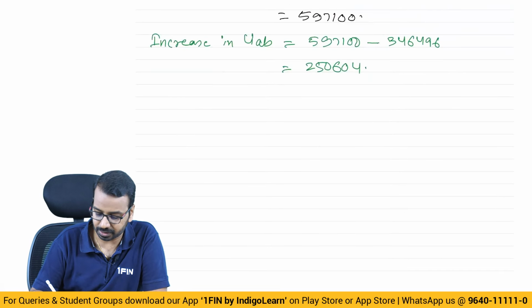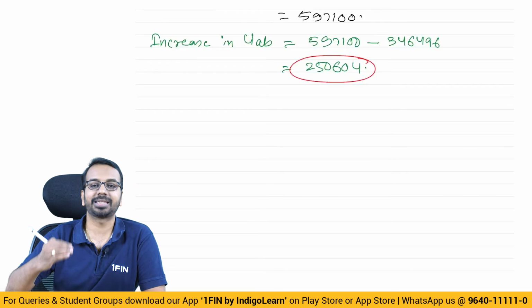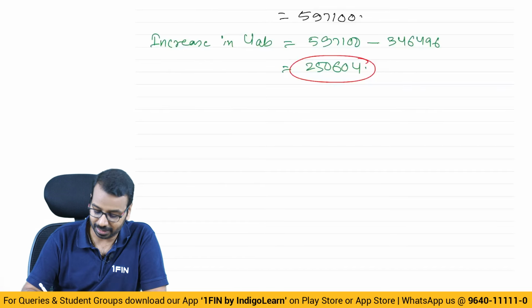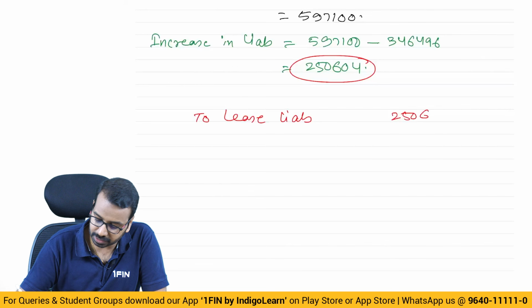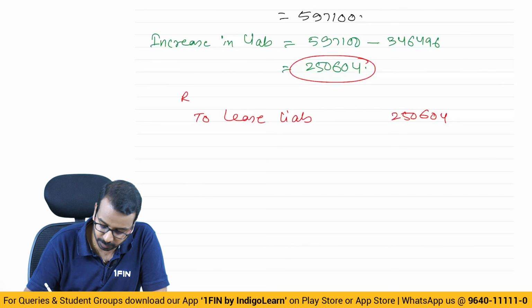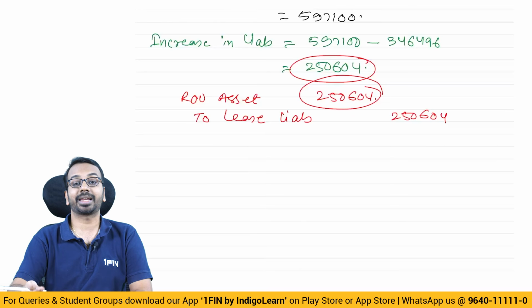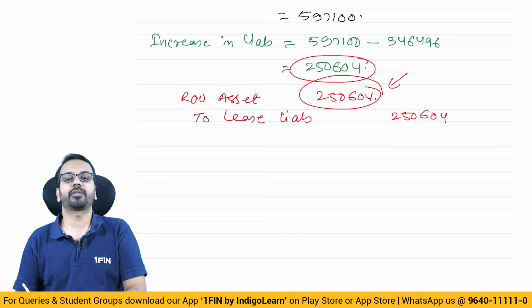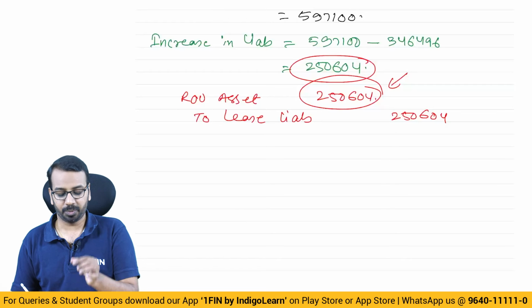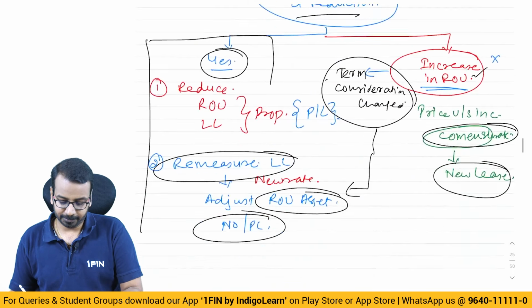So what happens? This increase in liability means I have to increase my liability which has a credit balance. So I will say to lease liability 250,604, and the adjustment will happen with right of use asset 250,604. So whatever is the right of use asset balance at the beginning of year 7, to that you will add 250,604. I hope it is clear.